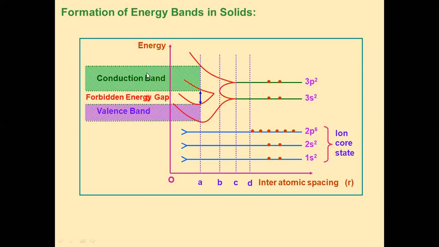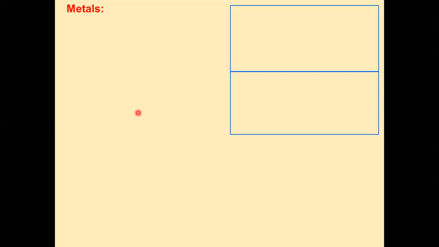And the band gap, or the separation between conduction band and valence band, is known as energy band gap. So depending upon this energy band gap, the solid is classified into three types, that is metal, insulator and the semiconductor.